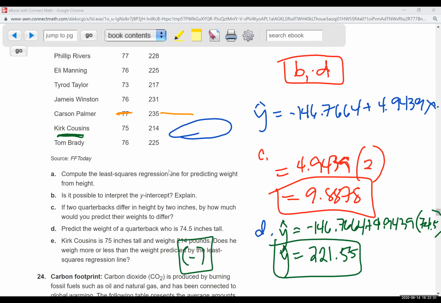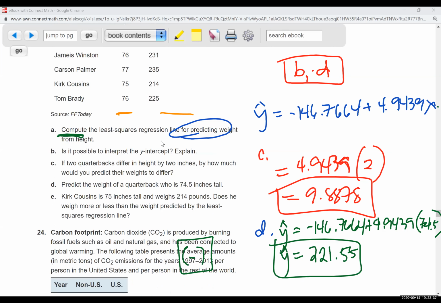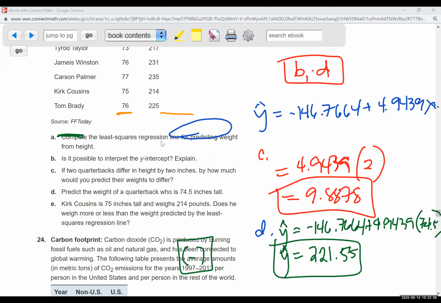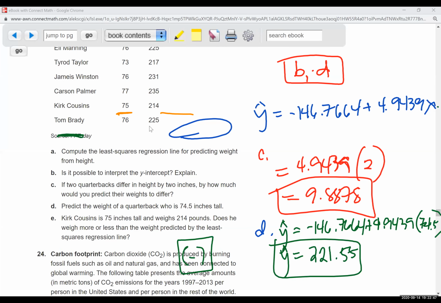Look at the table here. Kirk Cousins 75 inches, and that is 214. So does he weigh more or less than the predicted value? He weighs less than. Yes, less than.